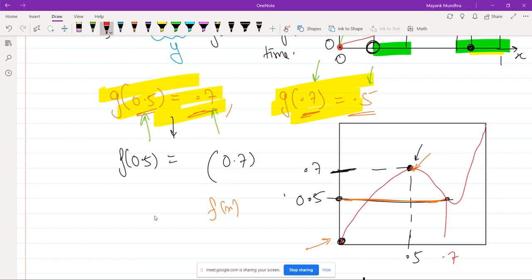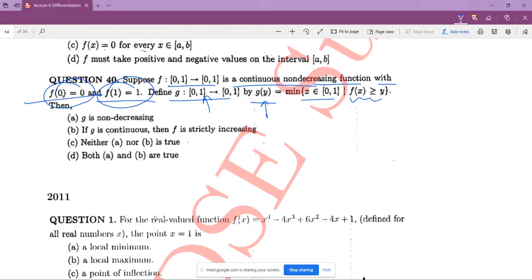This is 0.7. But in that situation, g(0.5) cannot be 0.7. It should be some point here. So this should be your g(0.5). So g has to be non-decreasing.